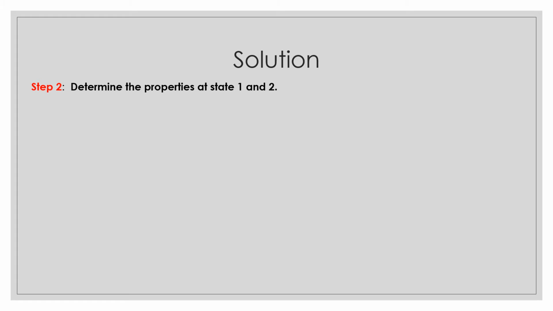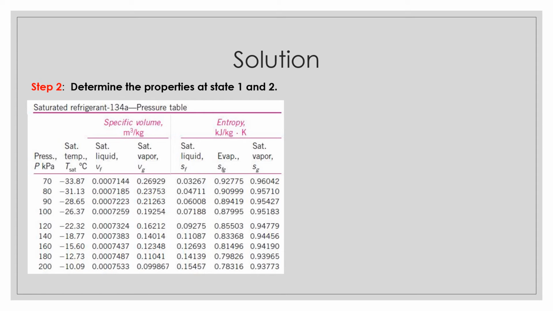Step 2, determine the properties at state 1 and 2 by referring to the saturated refrigerant 134A table. Referring to the pressure of 180 kilopascal at T sat, we found that the temperature is negative 12.73.